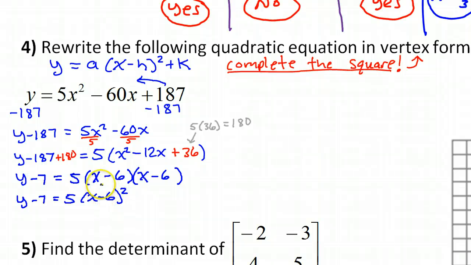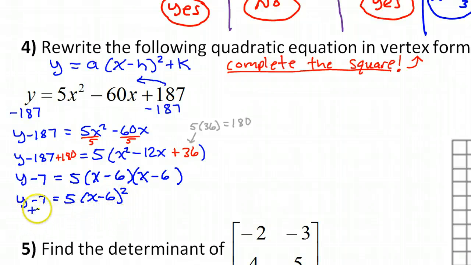See how we're getting closer and closer to this form? I've got my parentheses squared. I've got my a value, it's 5. But where's my k? Well, my k is over here by accident. So I say we add 7 to both sides, plus 7 plus 7.